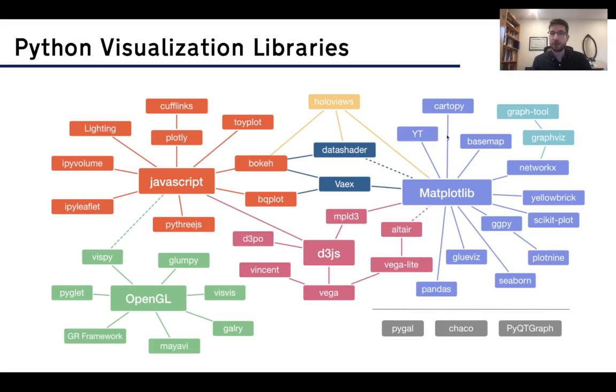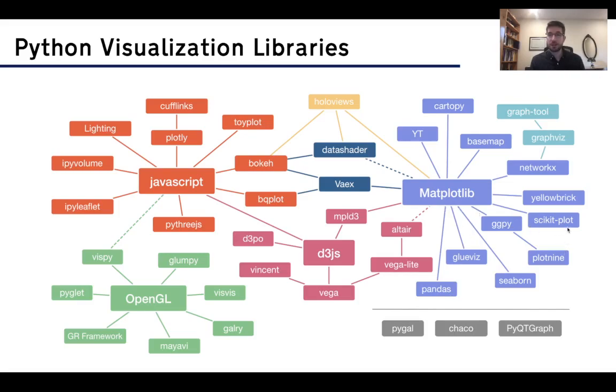So there are a number of libraries that use Matplotlib as their base, because Matplotlib is a very comprehensive library. A number of libraries try to extend Matplotlib. One of them is Seaborn, which we're going to talk about in this course as well. You can see Pandas is here. Pandas does come with some basic plotting functionality, which uses Matplotlib as its backend.